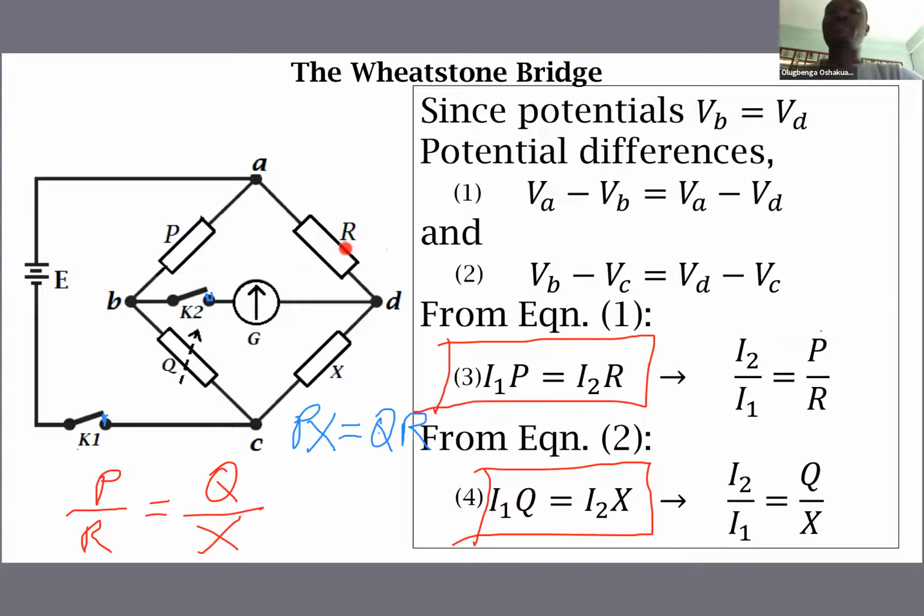A way this can be used, just like I've said earlier, is we know the value of P, we know the value of R, and we know Q to be a variable resistor that we can vary over a range. X is an unknown resistor, a resistor with unknown resistance. We can obtain it by putting a galvanometer in between these points and setting Q until we have a balance.